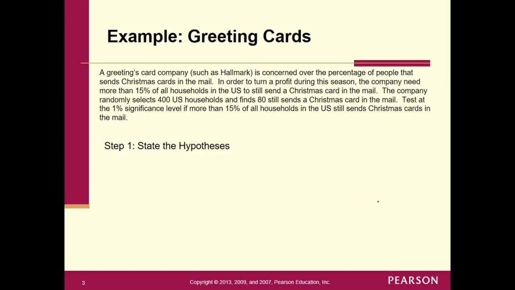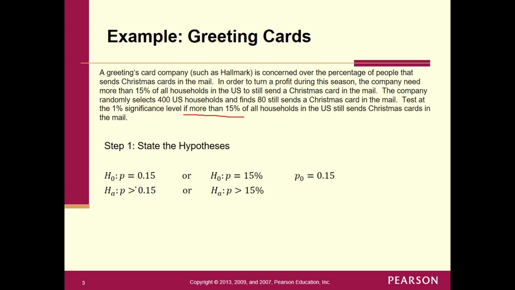State the null and the alternative hypotheses, right? So we start with the alternative a lot of times because that's what's stated in the problem. So what are we testing here? If more than 15%, right? So you got your population proportion P. Population proportion P is greater than 0.15 or 15%. I don't care, but again, we're going to be using that 0.15 in the problem.